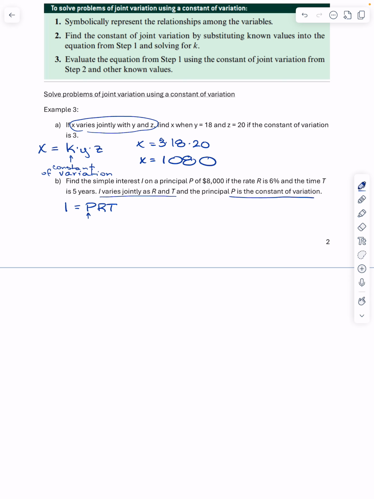Constant of variation is P, R, and T. We vary jointly. Okay. So we want the simple interest on a principal of 8,000. The interest rate is 6%, which we write as a decimal. Time is 5 years. So take a minute to write that. And our simple interest after 5 years is $2,400.